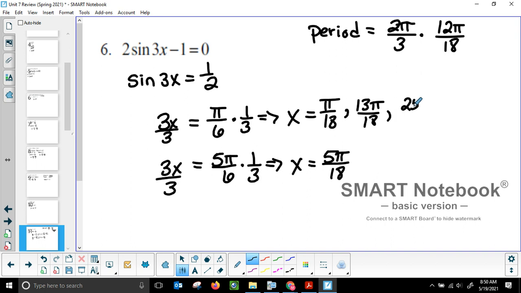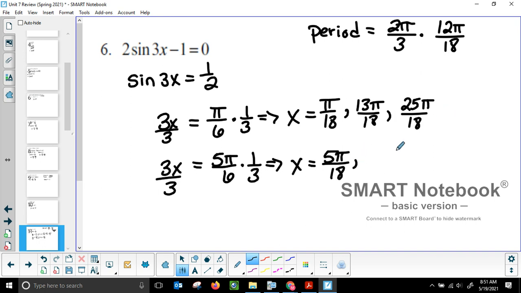Well, if I do, I get 25 pi over 18. Is that still between 0 and 2 pi? Yes, because 25 over 18 is still between 0 and 2. If I try to add it again, I get 37 pi over 18. That is too big, because 36 over 18 is 2, right? So anything that's that big or larger is too big for us.